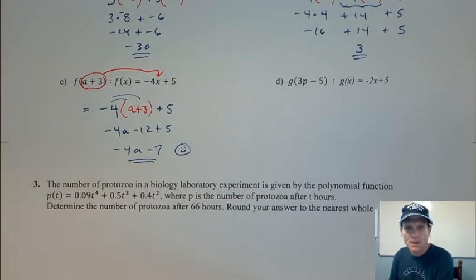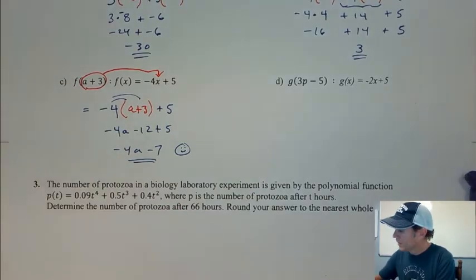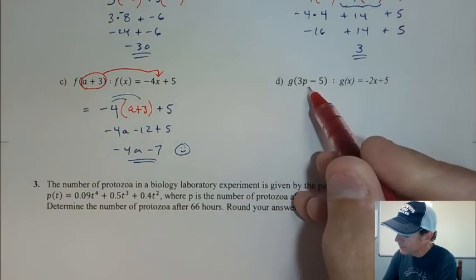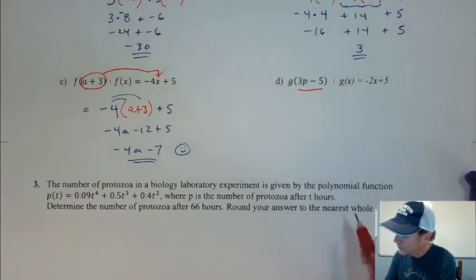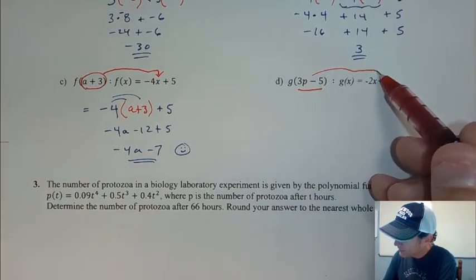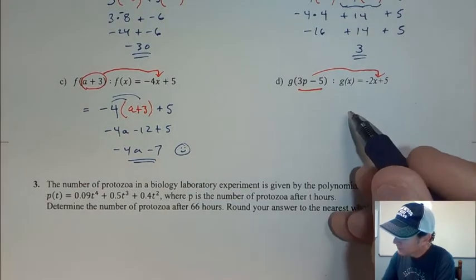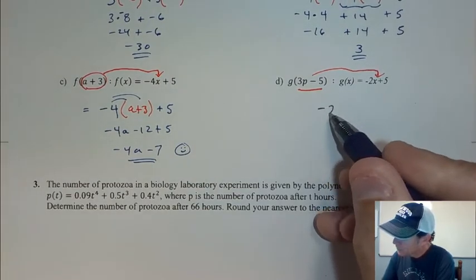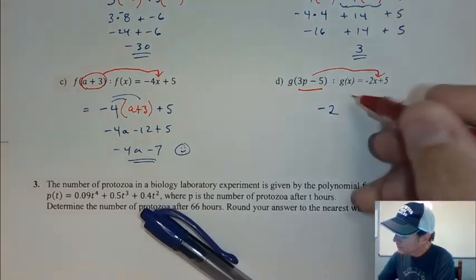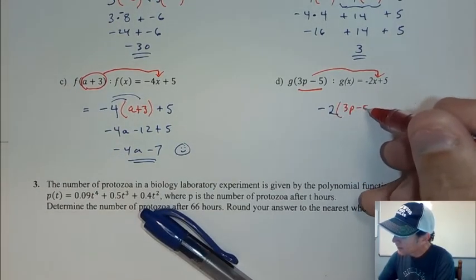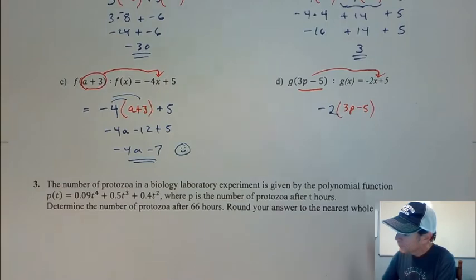Okay, and then again, we have an input value of 3p minus 5. That's going to go in where we see the x here in our function. We have -2 times 3p minus 5, and then plus 5.